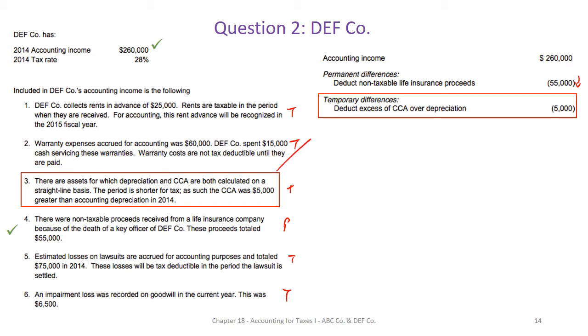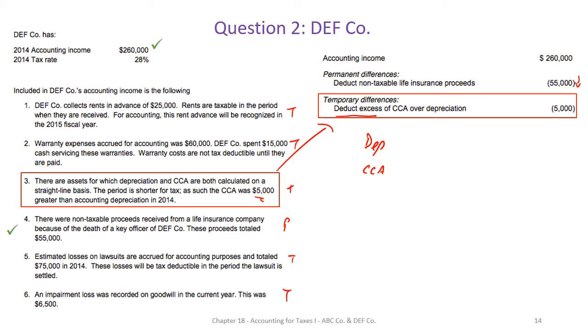So item 3 is a difference of depreciation versus CCA. So you can get questions worded a little bit differently. In the previous one, we told you how much the depreciation was and how much the CCA was separately. In this case, you're told what the excess of CCA over depreciation is. And so all we know is that CCA was greater than accounting depreciation.